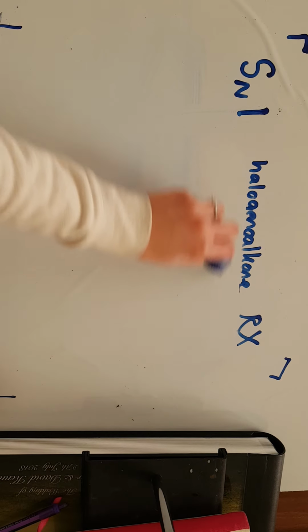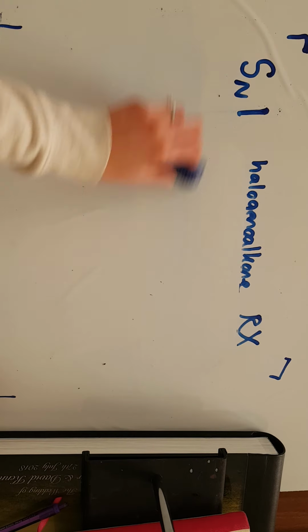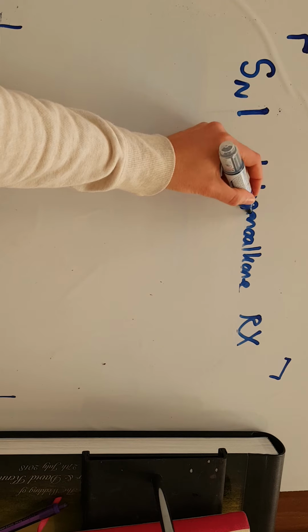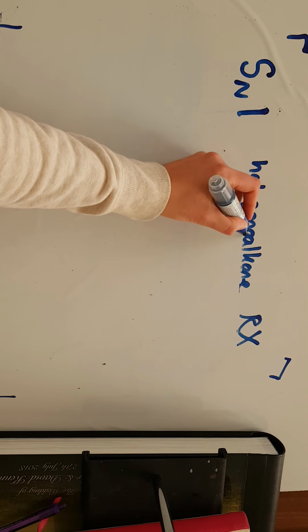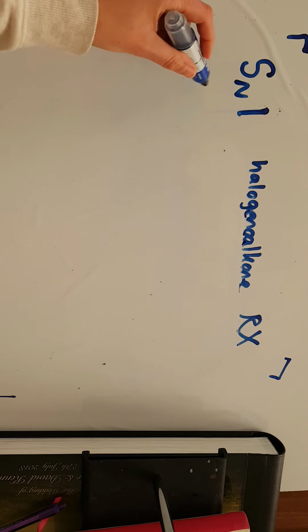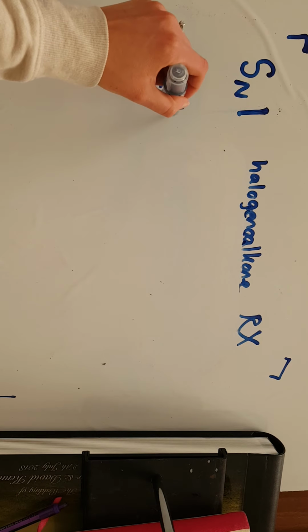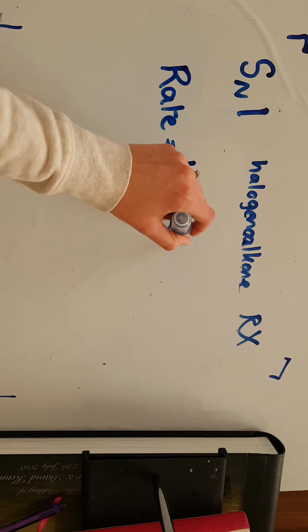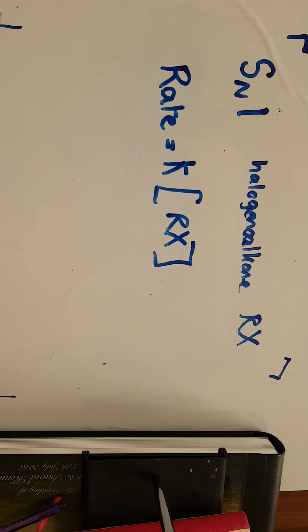You can have absolutely loads of nucleophile in there, but it's not going to make a difference to the rate, because we're waiting for this first step, the halogen breaking off. So this time the rate is simply going to be the rate constant times the concentration of the halogenoalkane and nothing else.